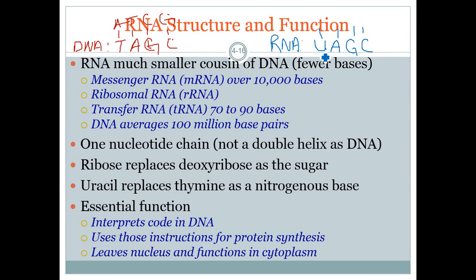Since U replaced T, U will pair with A, A will pair with U, G with C, and C, our cytosine, with our G. All you're doing is replacing the T's over here with our U's, with our uracil. So our thymines with our uracils, okay?